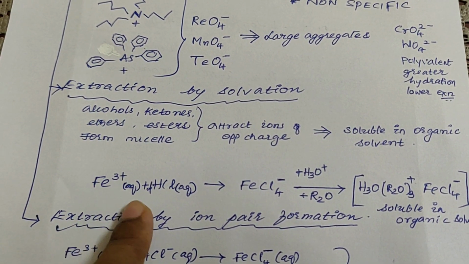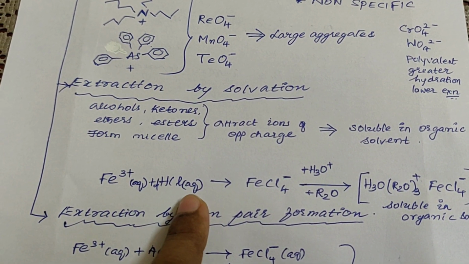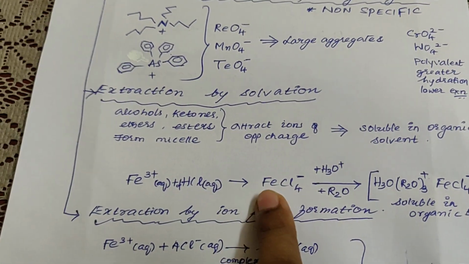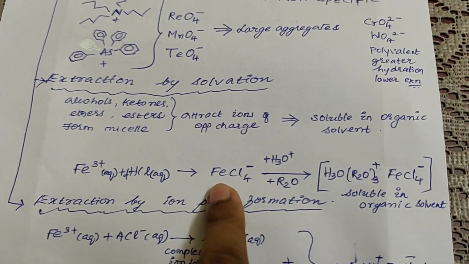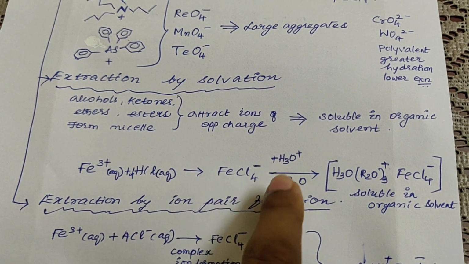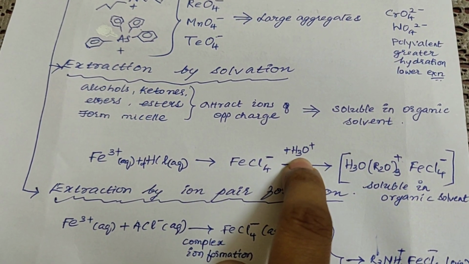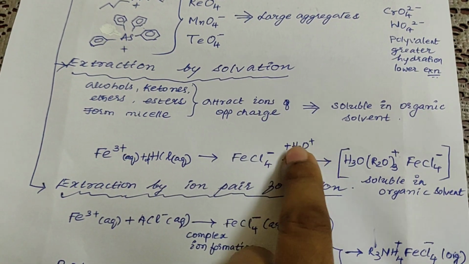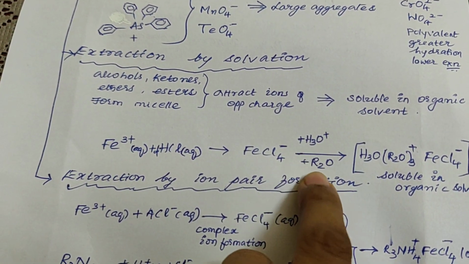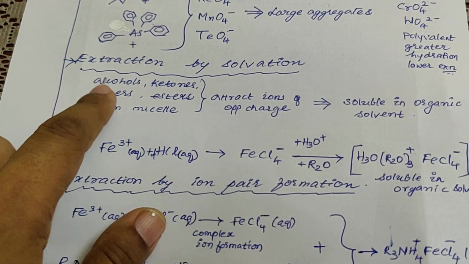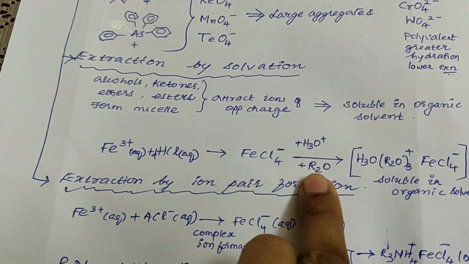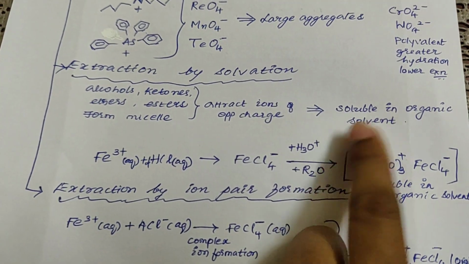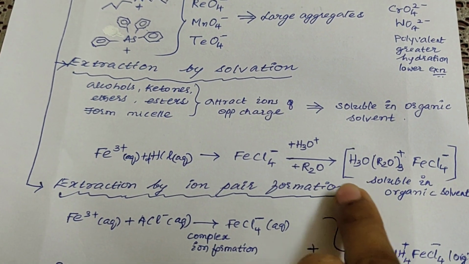Let us look at this example. When Fe3+ in the aqueous state combines with HCl in the aqueous state, we get FeCl4-. In the presence of acidified water, H3O+, and the solvent, which may be any of these solvents, R2O, it forms a complex of this sort.